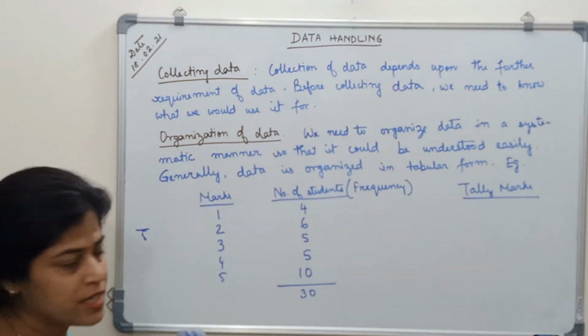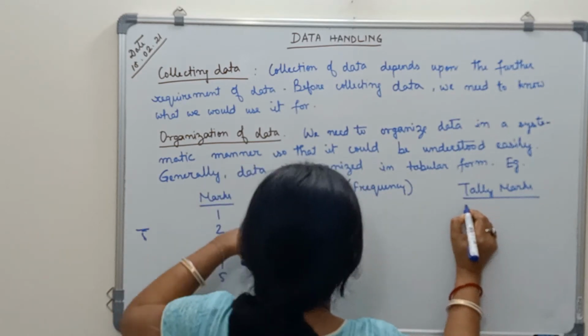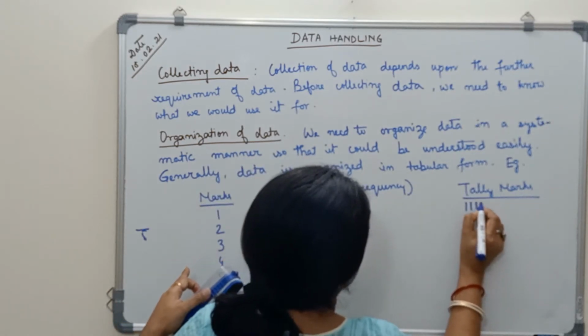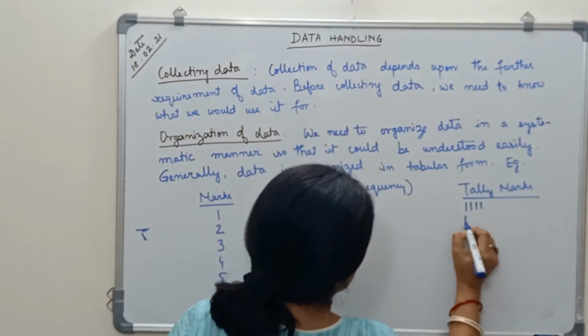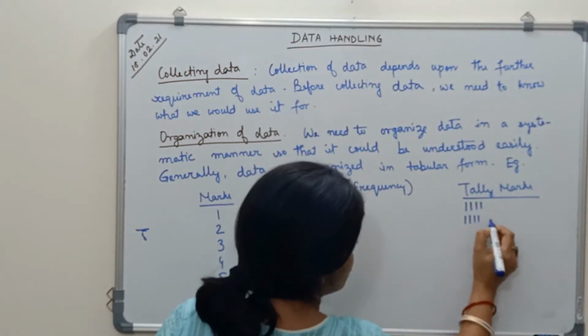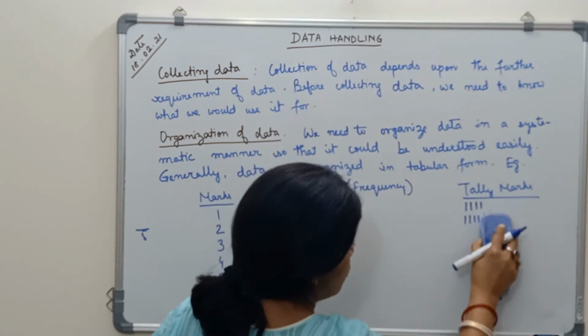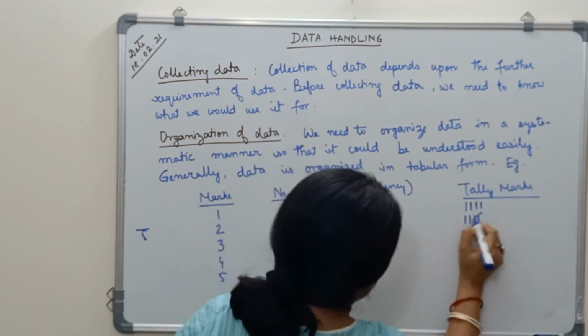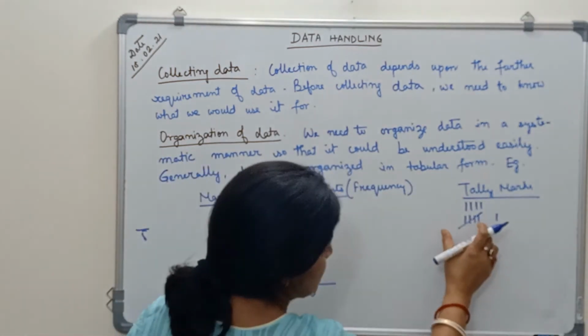So how will you represent it in tally marks? What is a tally? See, this is 4: 1 2 3 4. Now this is 6. When you represent 6, after 1 2 3 4, we should not represent it like 5, 6. Instead of this, we draw a bundle for 5 and then one more for 6. So counting is easier.